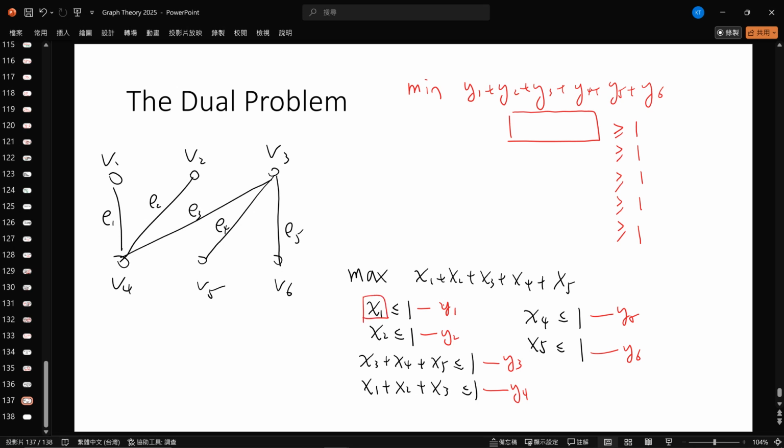Let's find all the terms related to x1. So x1 appears in the first constraint and the fourth constraint. If you compute the weighted combination, then the coefficient of x1 will be y1 plus y4.